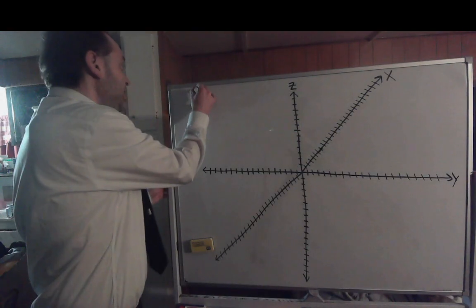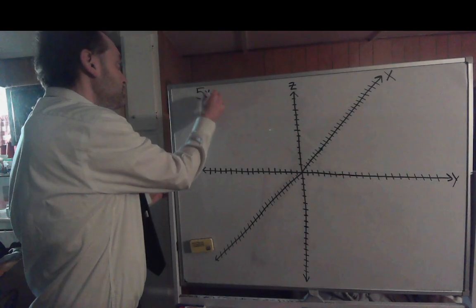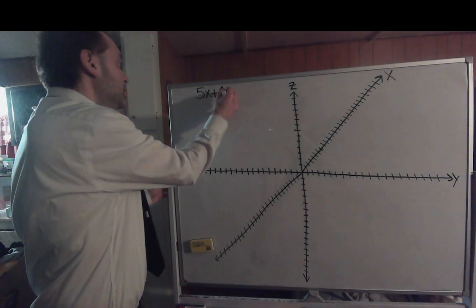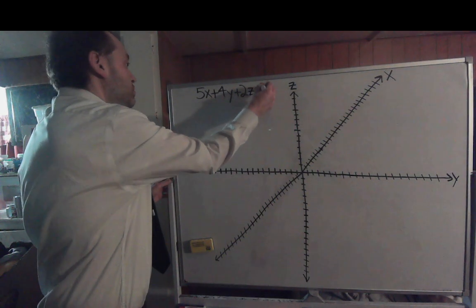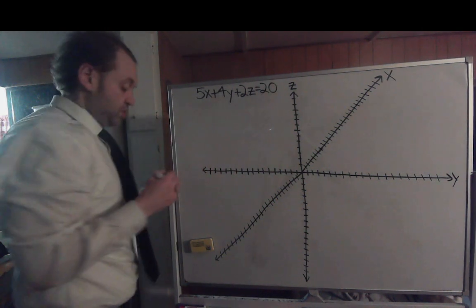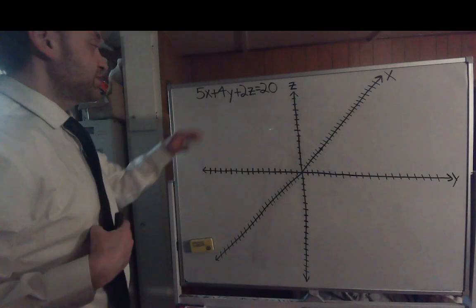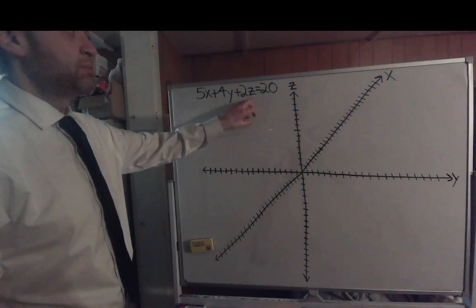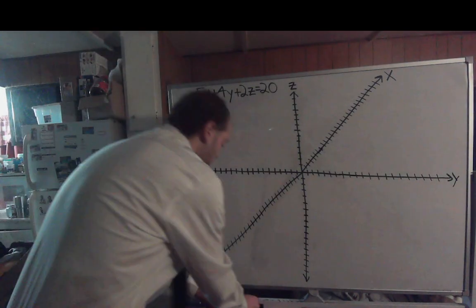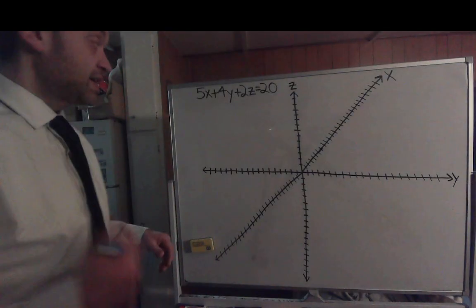So we have 5x plus 4y plus 2z equals 20. So we have the three-variable linear equation 5x plus 4y plus 2z equals 20. Well, let's solve for the x-intercept first.